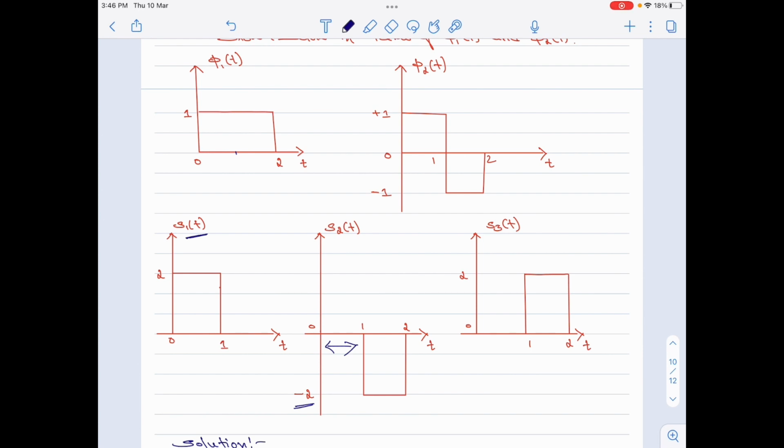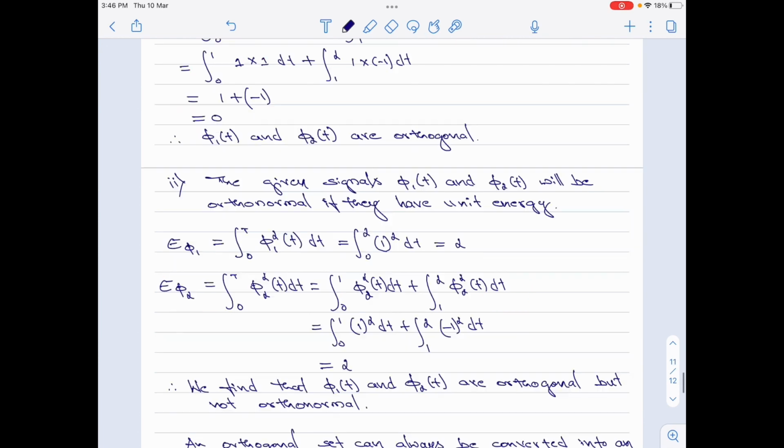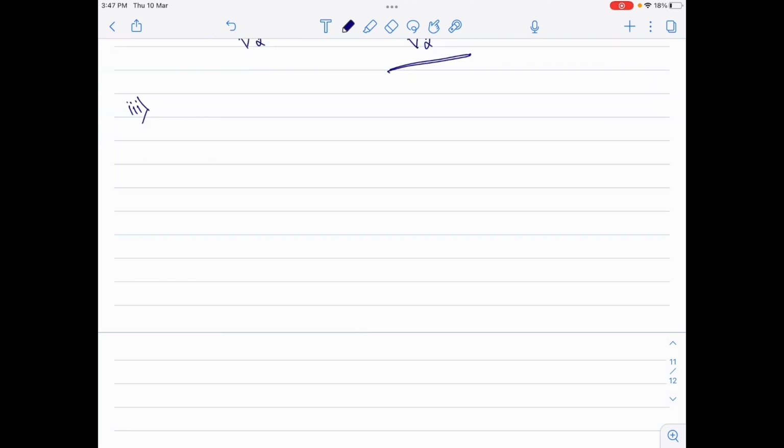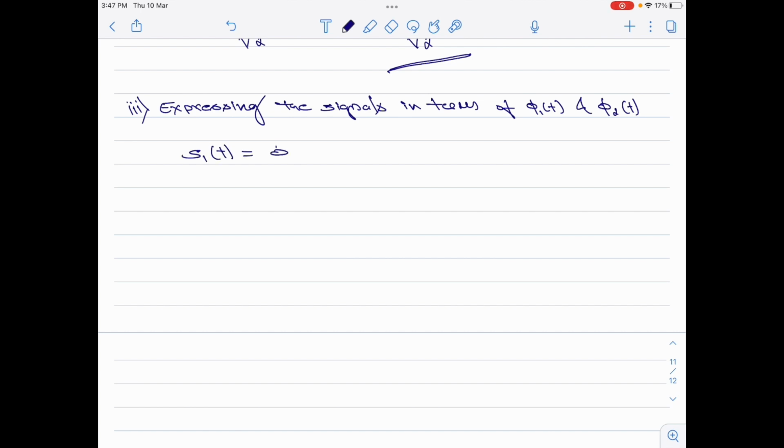Lastly, we have S3 of t, which is simply phi 1 of t minus of phi 2 of t. I will leave the analysis to you. Coming to the last part, now let us express the signals in terms of phi 1 and phi 2. As I already have said, S1 of t is equal to phi 1 of t plus phi 2 of t.